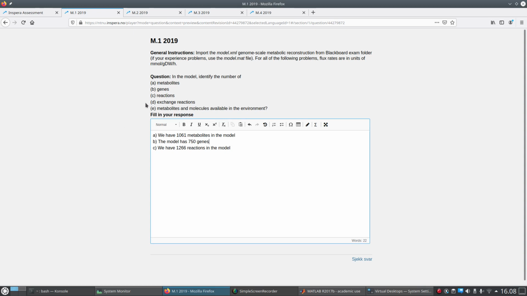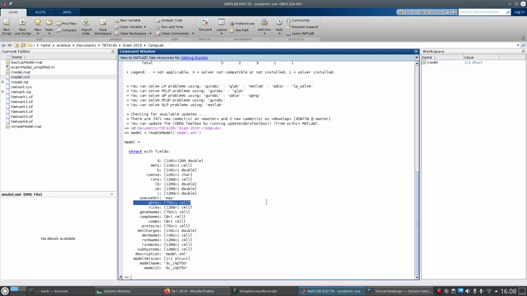And then we actually need to find exchange reactions and metabolites and molecules available in the environment. So this is slightly trickier. Here we can't just read it off network attributes. So there's 2 ways we can find exchange reactions. The first, arguably simplest if you know it, is just calling the findExcRxns function in Cobra.